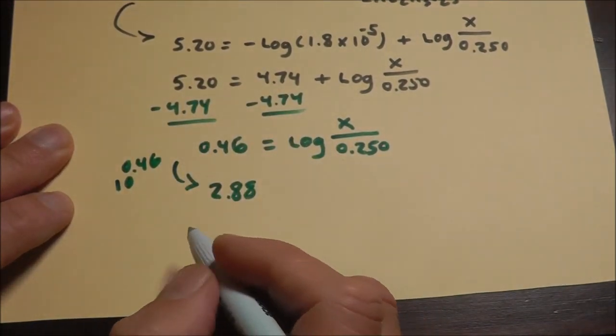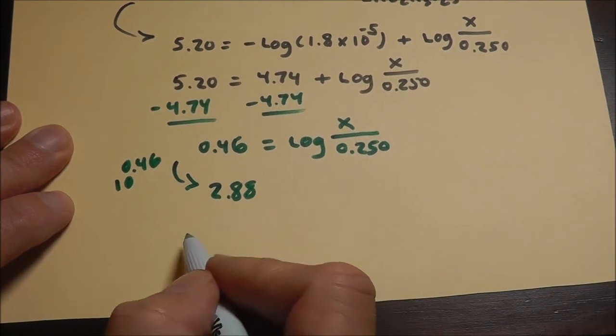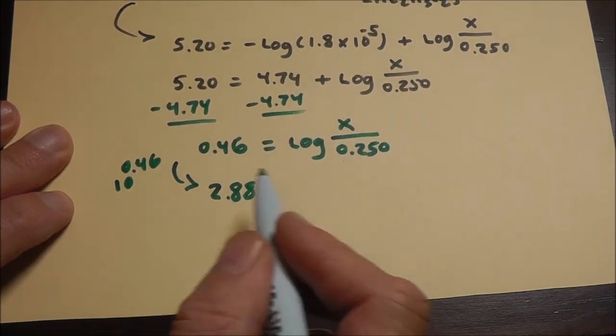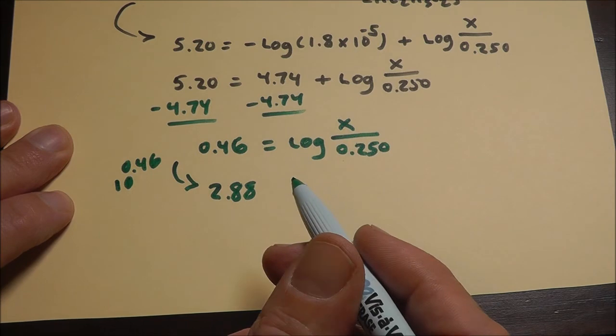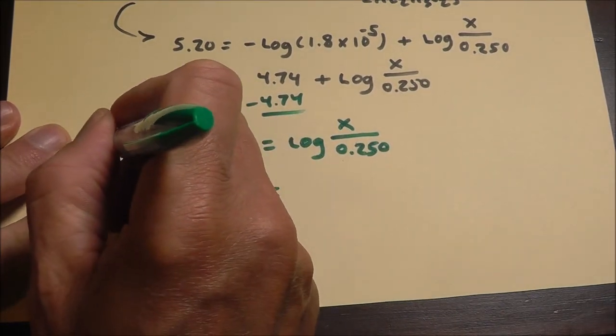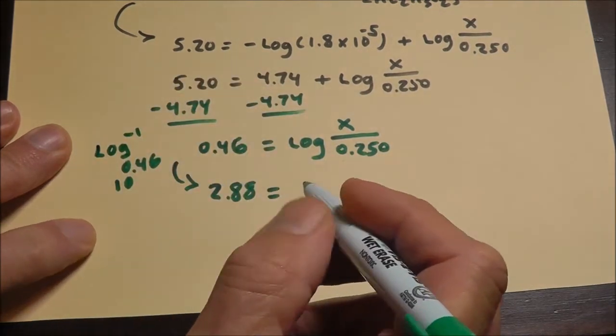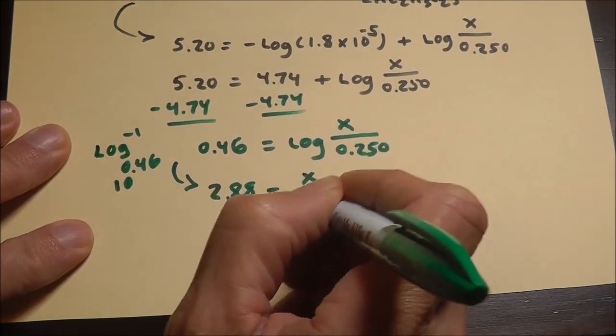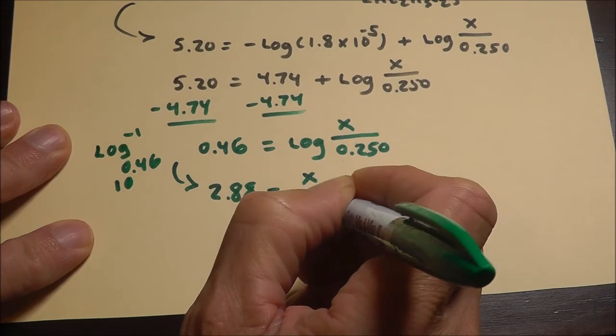That makes sense. It should be between 1 and 10. 10 to the 0 would be 1, and 10 to the 1 would be 10. Now that makes this just X over 0.250.